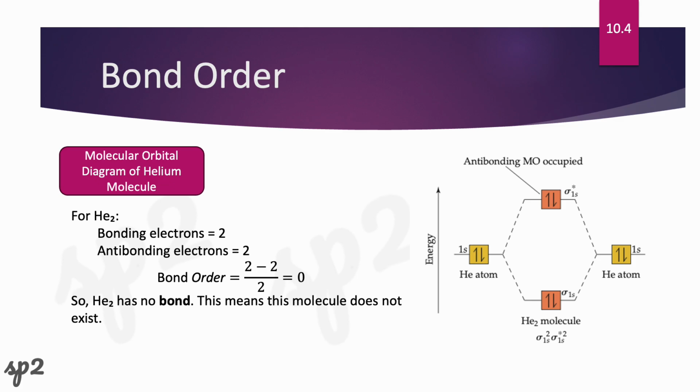This is not a stabilized molecule. And we know that helium is a noble gas. It's going to be by itself. We don't expect to have any helium molecule, right? So by calculating the bond order here, we can understand that helium-2 does not exist.